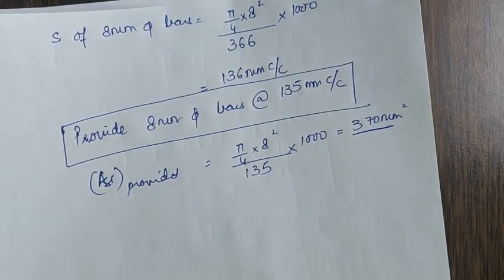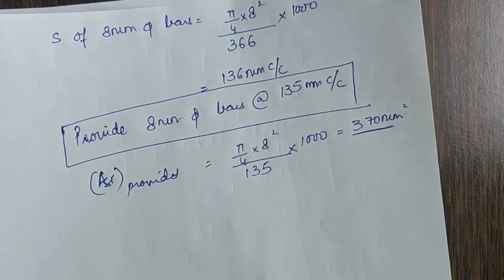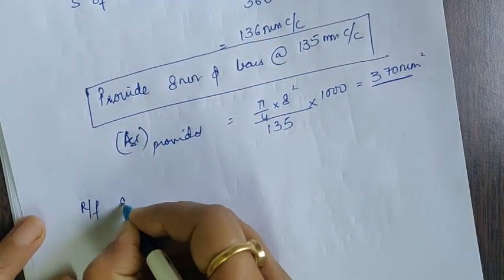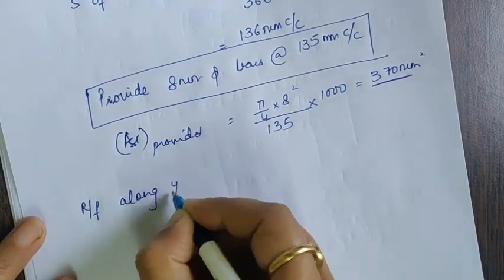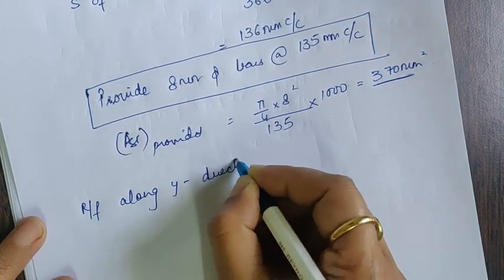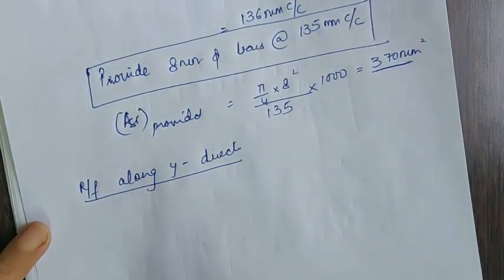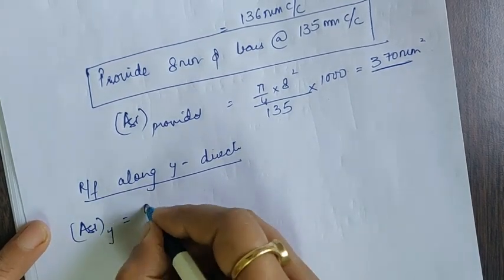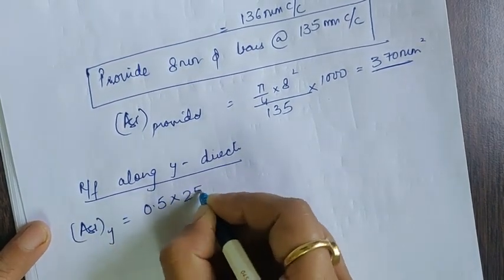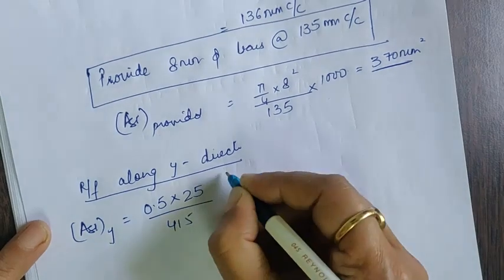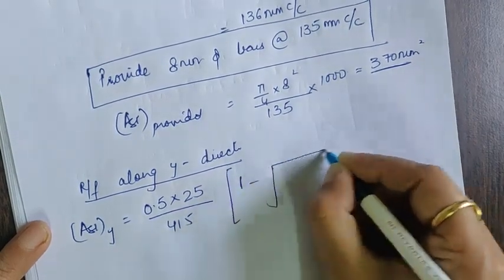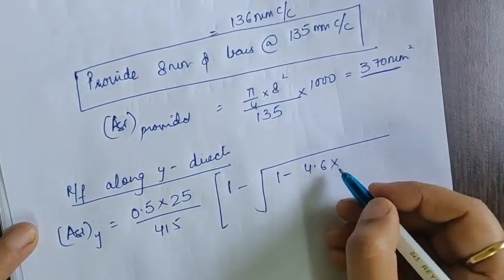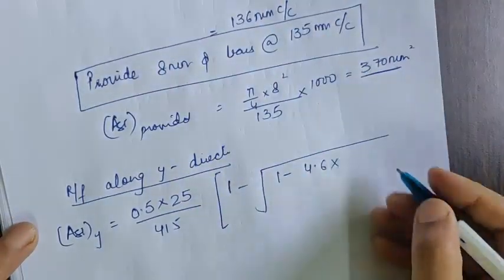Okay. Similarly, we will be able to find out reinforcement along y direction. The formula remains the same. Asty will be 0.5 into 25 upon 415, 1 minus root of 1 minus 4.6 into moment in the y direction, which was 11.8.